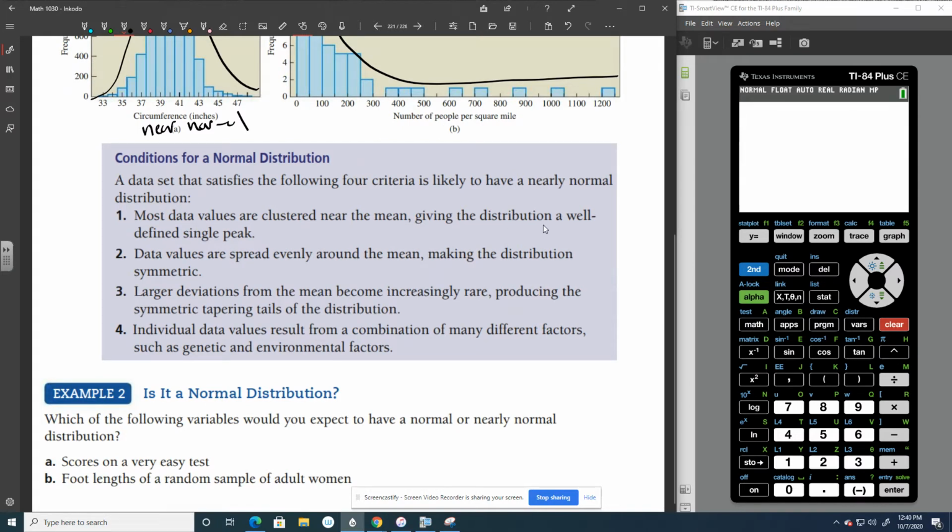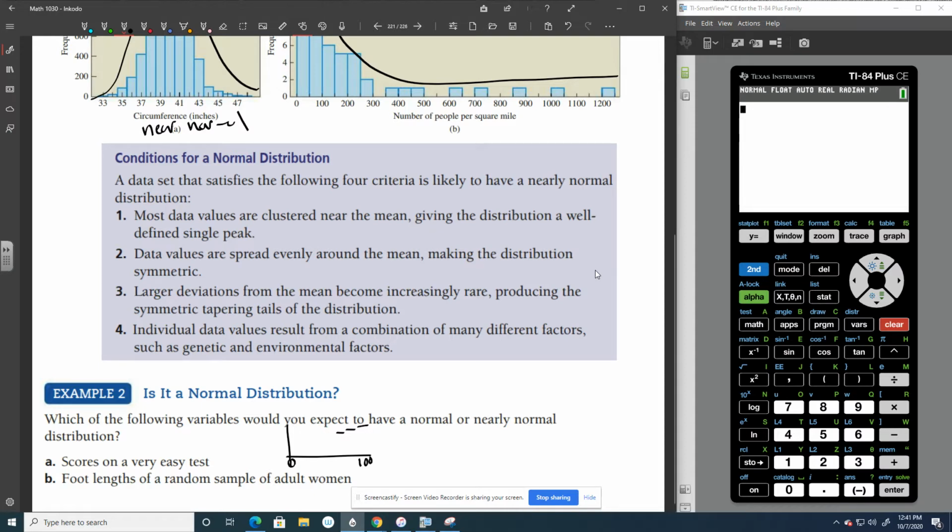So example 2, which of the following variables would you expect to have a normal distribution or nearly normal? So A says scores on a very easy test and foot lengths of a random sample of adult women. So if I think about the scores on an easy test, that means I'm going to get a lot of people. Like if I draw those scores right here, let's say this is 0% and this is 100%. If it's an easy test, I'm probably getting a lot of people up here in the high scores.